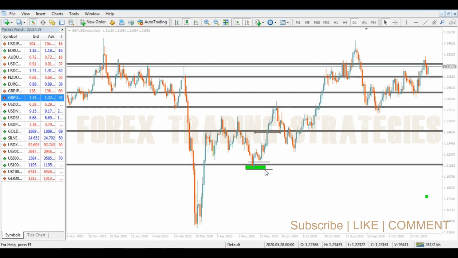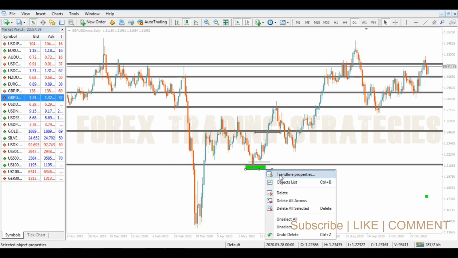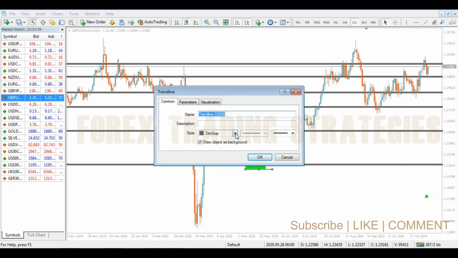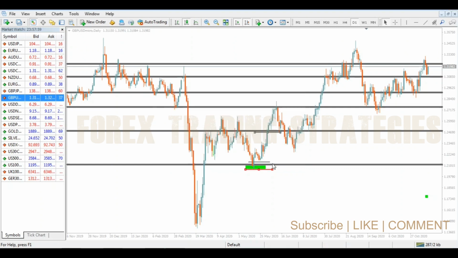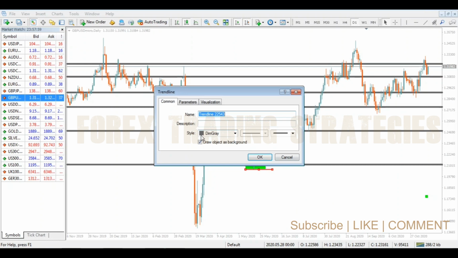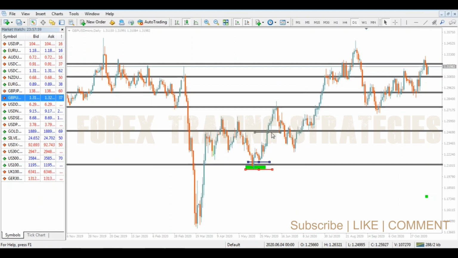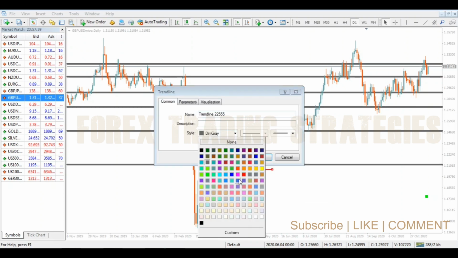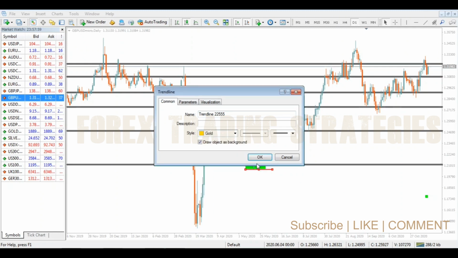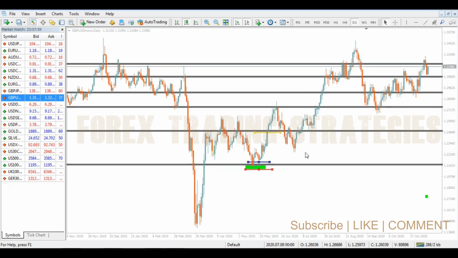Let me change the color of this so that it's visible. That's my buy, and that's my take profit. Let's make it gold.